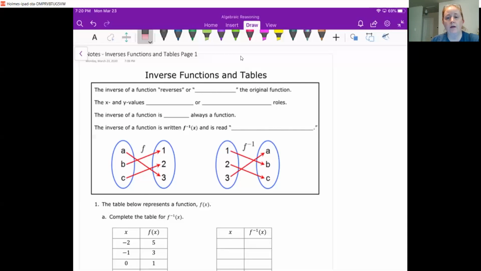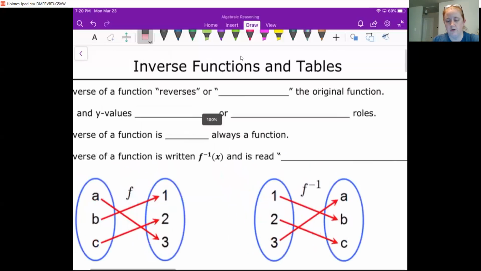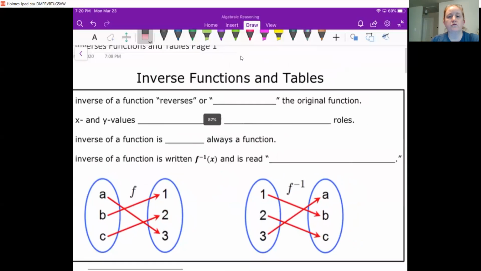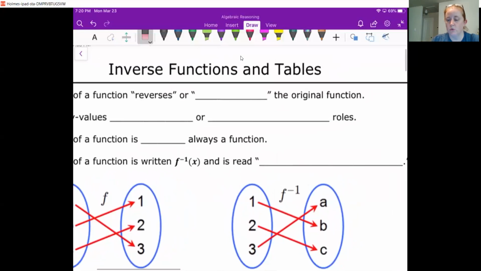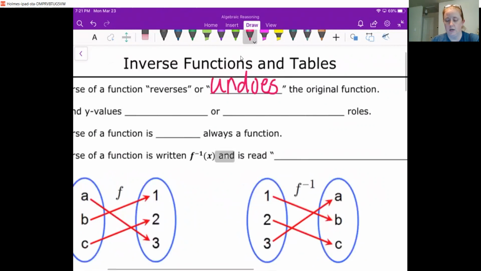So looking at our first part of the notes here, it says the inverse of a function reverses or undoes the original function. Just like multiplication will undo division, subtraction will undo addition. Those are your inverses. They undo what the original one has done.